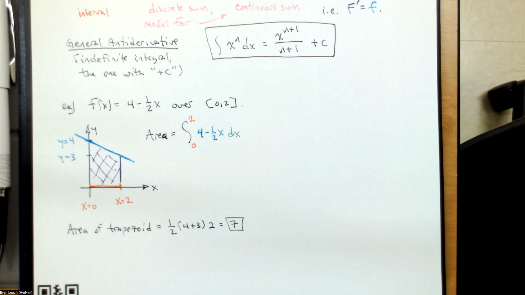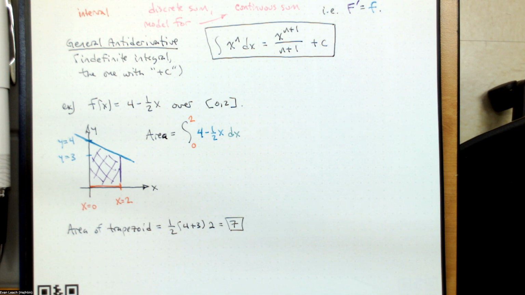We're thinking of the function as the height, that continuously variable height, and then dx is the little piece of the width on the interval. Area is length times width. We're going to evaluate 4 minus 1/2 x times dx at all the x values from 0 to 2 and add those up. That doesn't make any sense. It's a continuum. There's nowhere to put the plus signs.